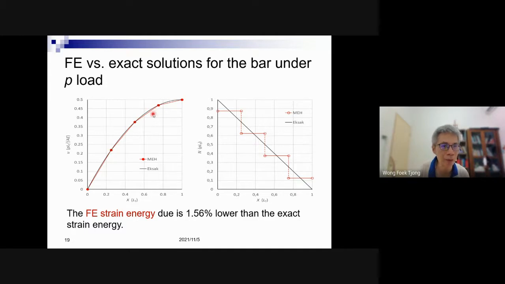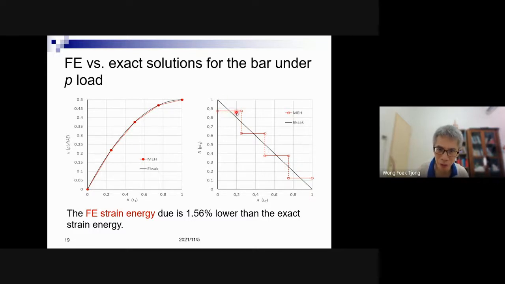So if you have a linear function, the derivative is a constant, right? That's why it's constant, because this is linear. However, the exact solution is a quadratic function of x, so the derivative of u is, of course, linear. That's why there is a large discrepancy for the normal force.